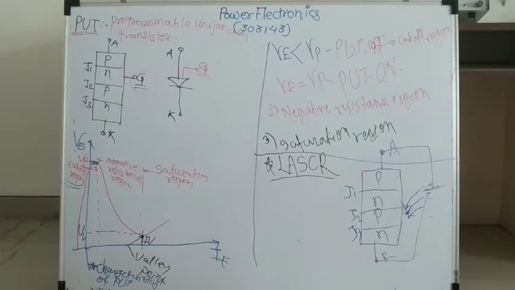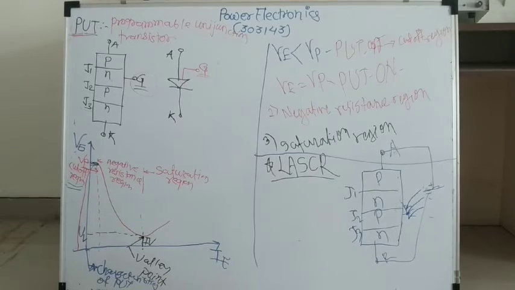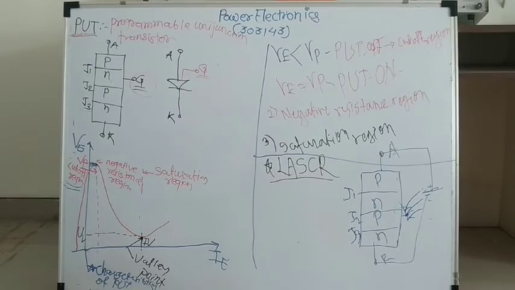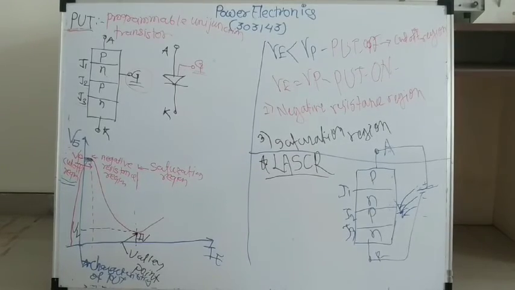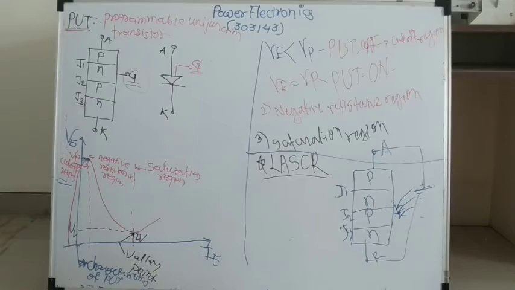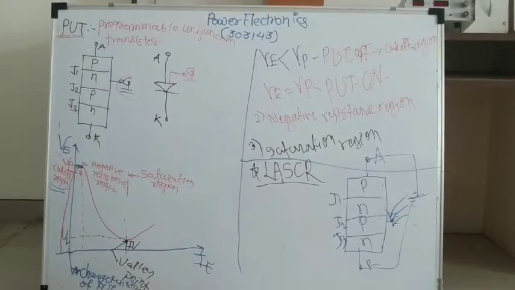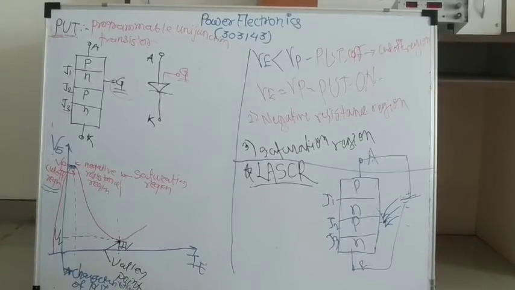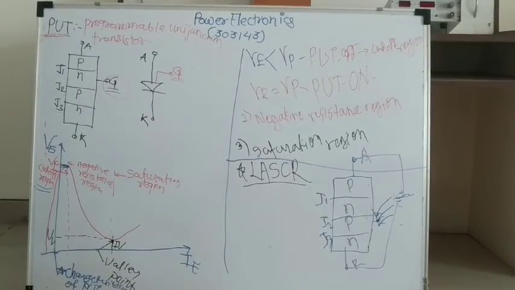Because we know in UJT the intrinsic standoff ratio totally depends on the resistance values, and the equivalent circuit resistances, that is RB1 and RB2, have constant values. So the intrinsic standoff ratio is constant there, and in PUT it can be adjusted with the help of programming. Programming means we externally use resistances and do the programming. So what happens? The intrinsic standoff ratio can be variable.